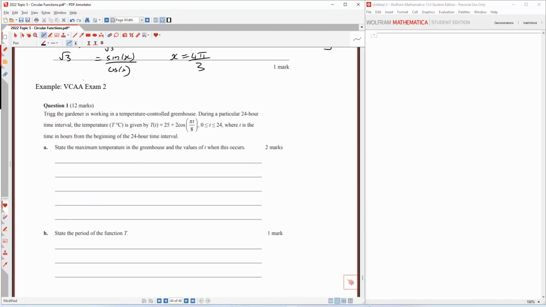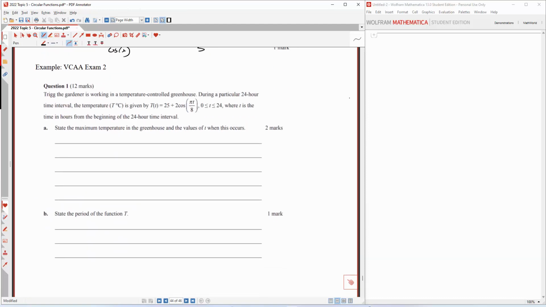Alright, let's go to an exam 2 problem. I've got Mathematica locked and loaded here and ready to go. So I think the first thing we'll do is just define our function, which is T of t.